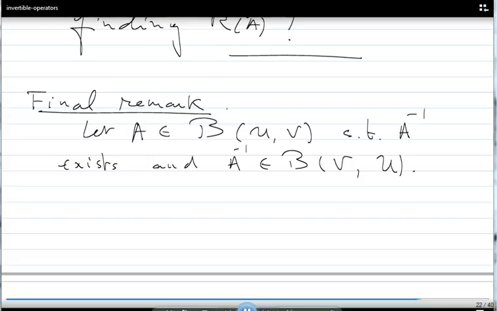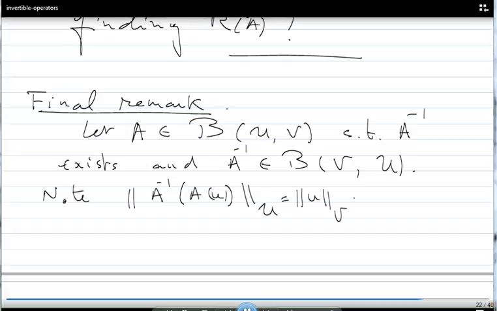Note that the norm of A inverse A u, so keep in mind u belongs to U, A of u belongs to V, A inverse belongs to U. So this is the norm, and this is equal to the norm of u.